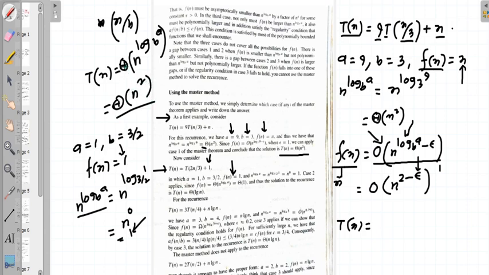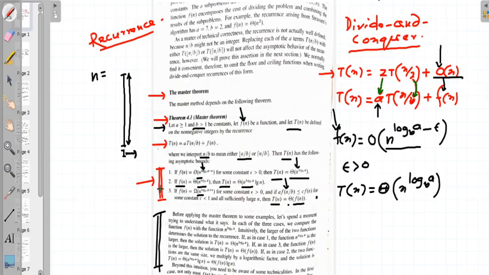No, we have to put the formula and then we can infer. We can go back. You see here we are applying this case 2. So it is theta n power log a base b times log n.